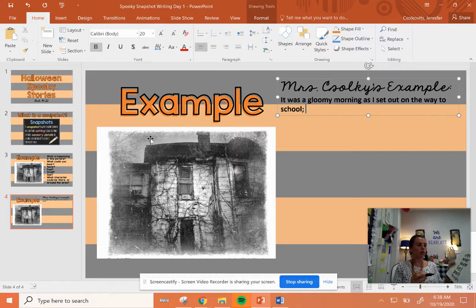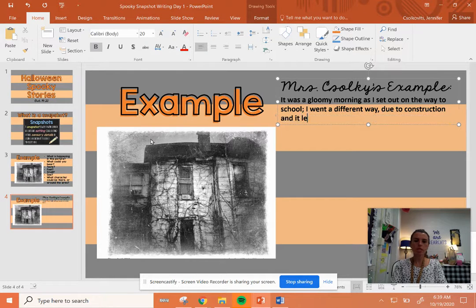So I am already looking at, it was a gloomy morning, so that's what I'm seeing. But I'm going to continue on and say, so it was a gloomy morning as I set out on the way to school. I went a different way due to construction, and it led me to this house. I instantly felt drawn towards it.